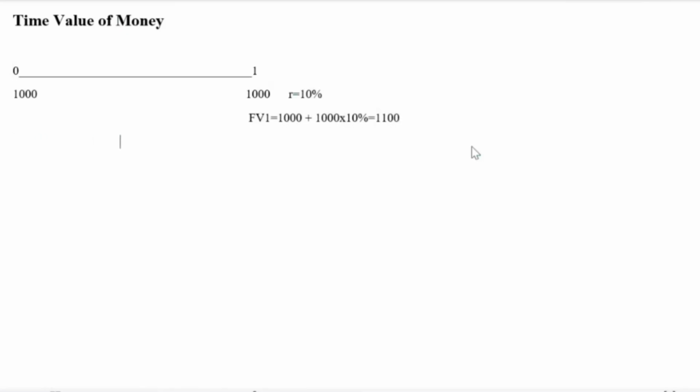And I want to relate this, using the associative principle, 1,000 times 1 plus 10%. Just the original amount grown at 10%.